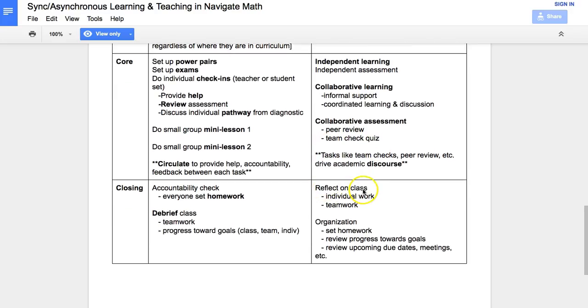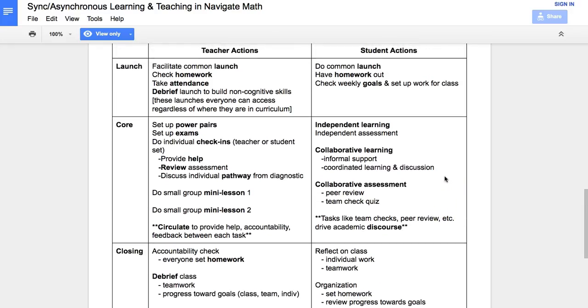Students go through the process of reflection, both on their individual and teamwork, and take the time to organize themselves, setting their own homework based on their data, whatever their next assessment or assessment to go back and redo may be, and review their progress towards their weekly goals and make sure they're prepared for any upcoming due dates or meetings they may have.